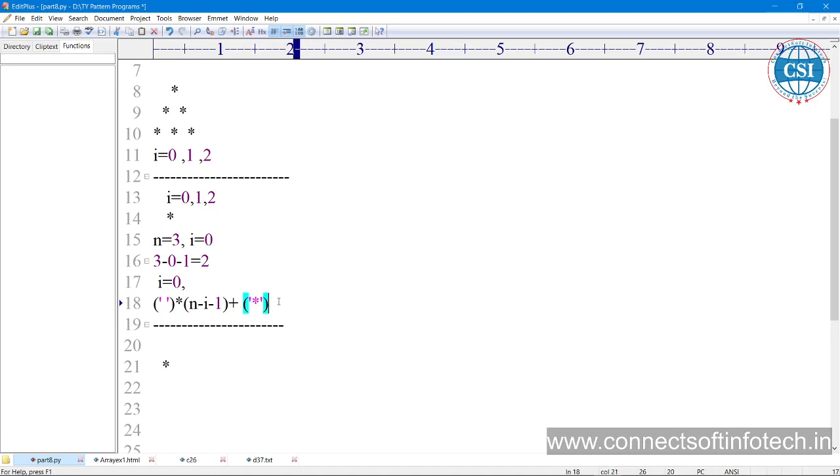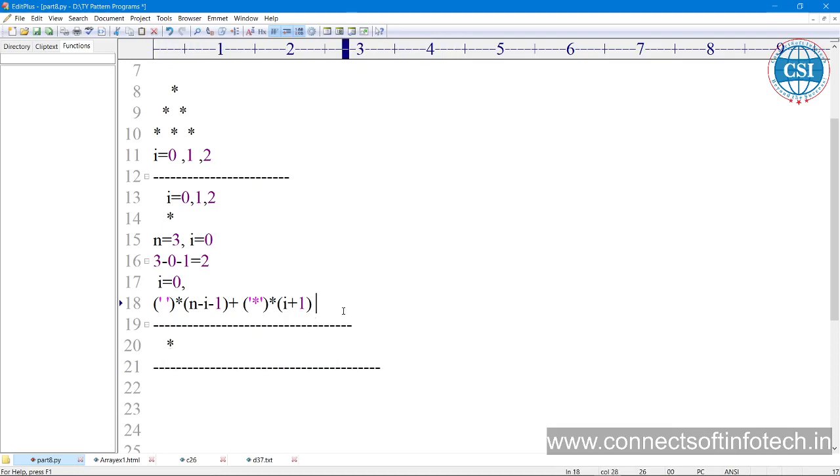Into i plus 1. In the first row, i is equal to 0, so 1 time. After the 2 spaces the asterisk gets printed.